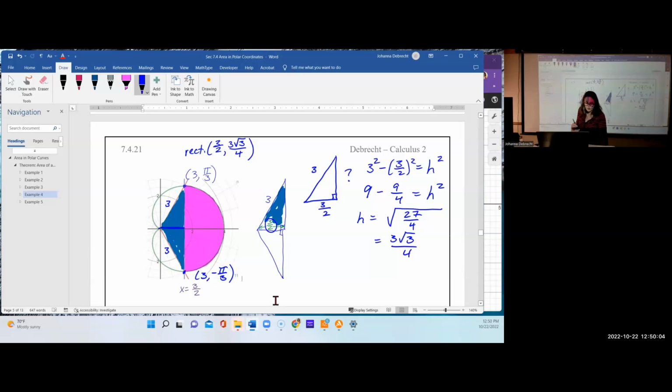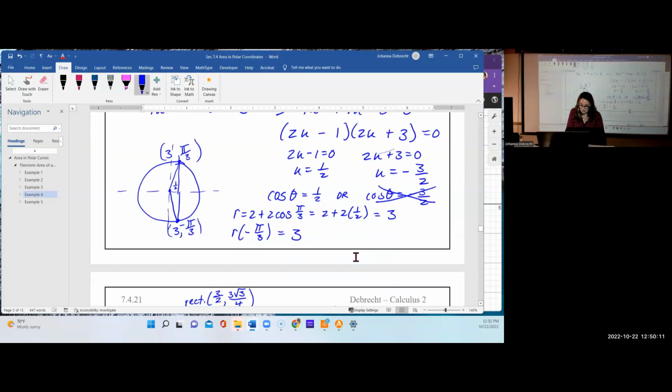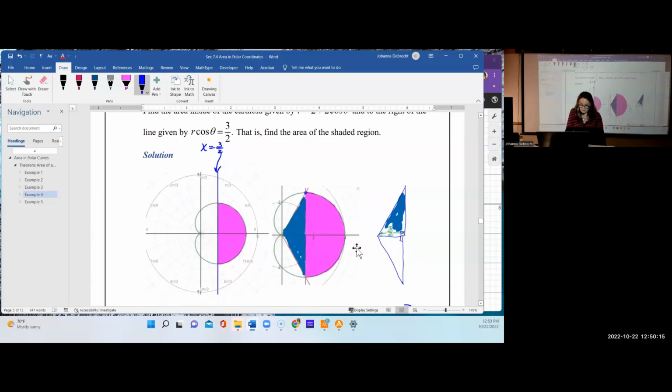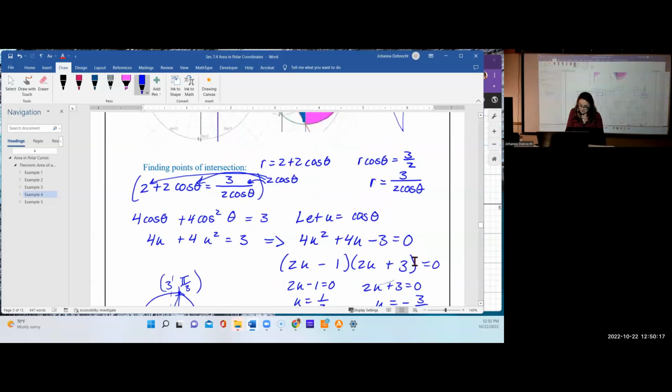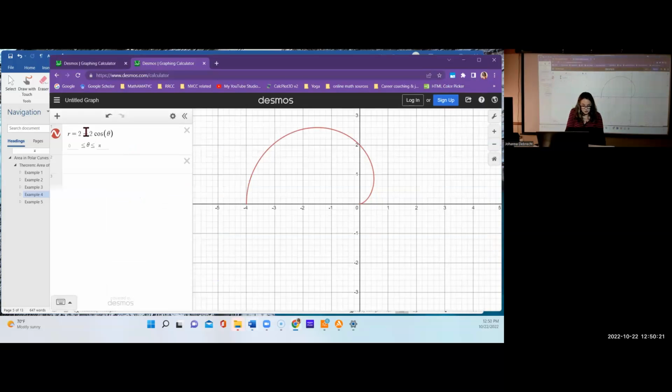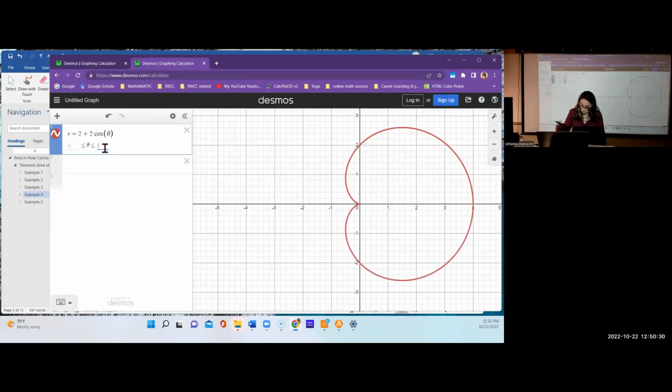Let's go graph the two graphs and see if this is coming out correctly. So we have 2 plus 2 cosine of theta, I believe. 2 plus 2 cosine of theta and x equals 3/2. Okay. 2 plus 2 cosine of theta. So it was almost what we had last time. And we want to graph the normal region.